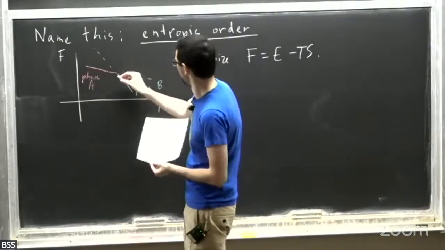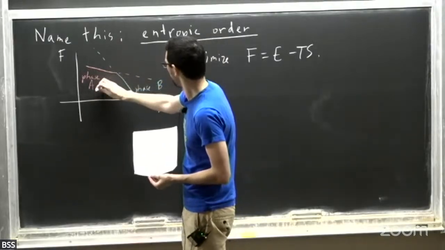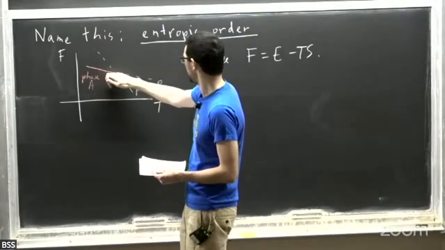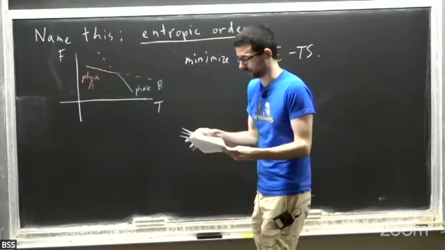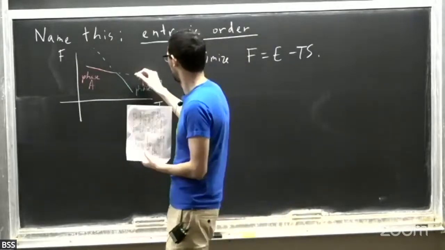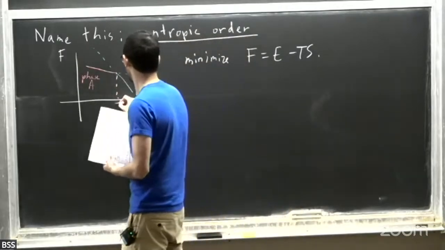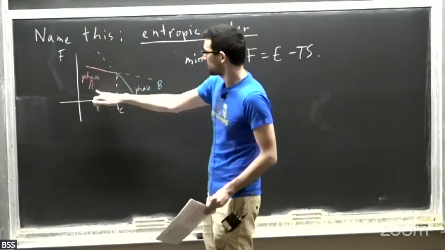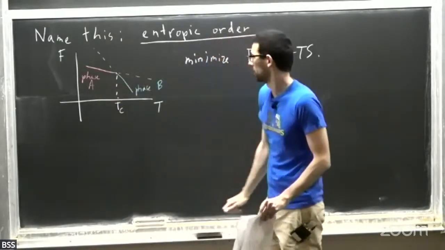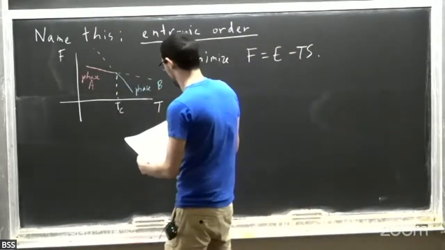We go from phase A at low temperatures, and its free energy curve has to cross phase B and be larger at temperatures above this transition T_C. In particular, just past T_C, the slope in phase A has to be higher, less negative.